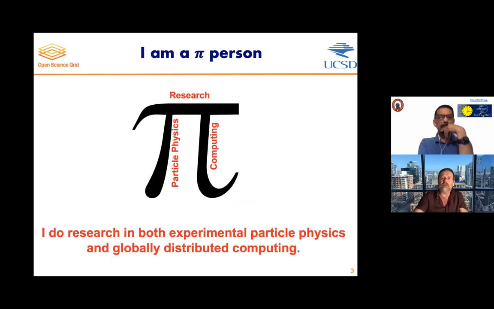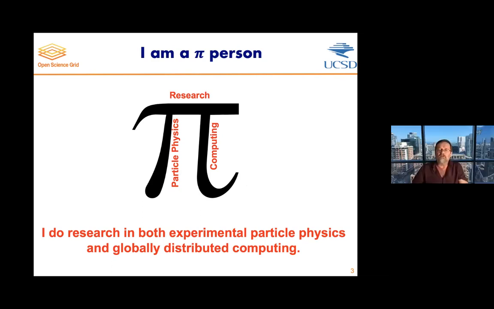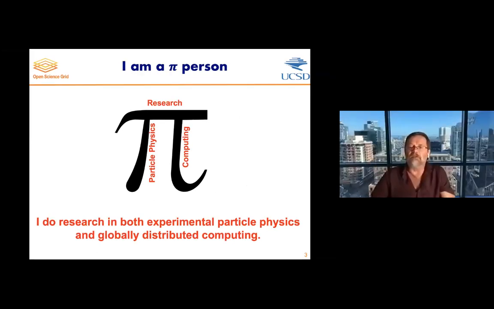But before I go there, let me say one thing about myself. I'm what we call at the San Diego Supercomputer Center a pi person. A pi person is somebody who has two legs firmly planted in two different disciplines, where one of the disciplines is some domain science. In my case, this is experimental particle physics.